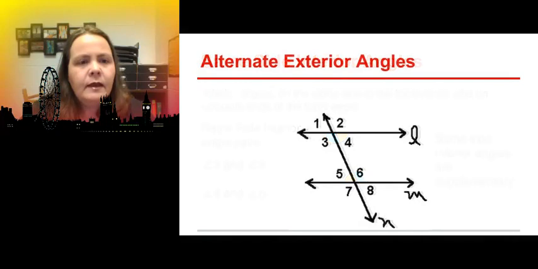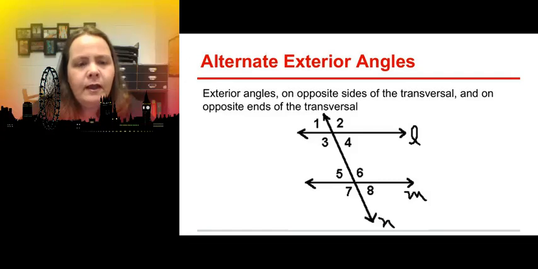Now, let's look at alternate exterior angles. Alternate exterior angles are exterior angles that are on opposite sides of the transversal and on opposite ends of the transversal. So I need an angle that is to the right and at the bottom.